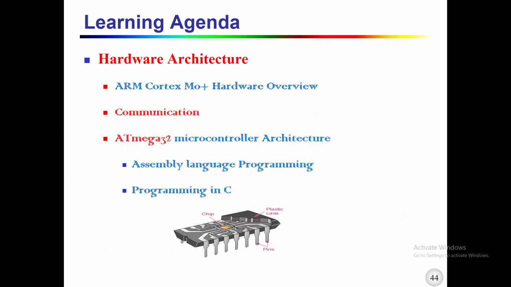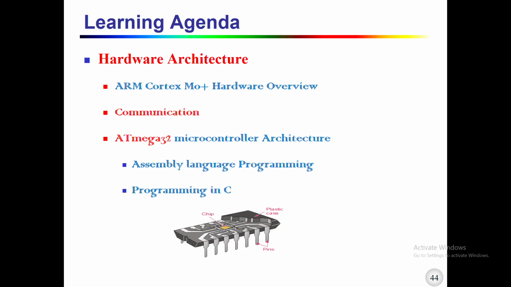To begin with, we will see the hardware architectures, which mostly refers to the ARM Cortex M0 Plus hardware overview, and the communication ports, the different ports available to make those hardware components communicate with each other.